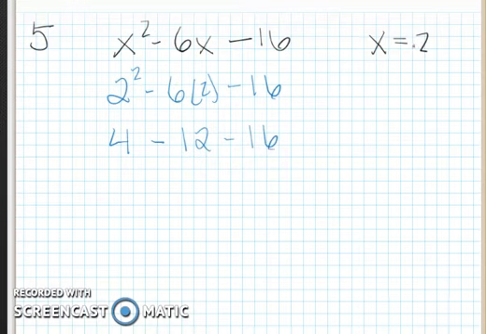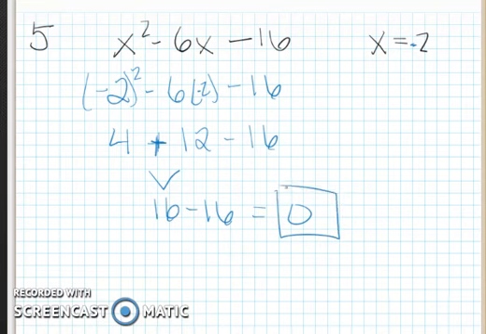And I apologize, that's a negative 2. I read that problem wrong. So this is a negative 2 in here. So that's actually a positive 12. And when I square a negative 2, it actually stays 4. So sorry about that. So this is a positive 12 here. 4 plus 12 is 16. 16 minus 16 is 0. So what is the evaluation of this? It is 0.